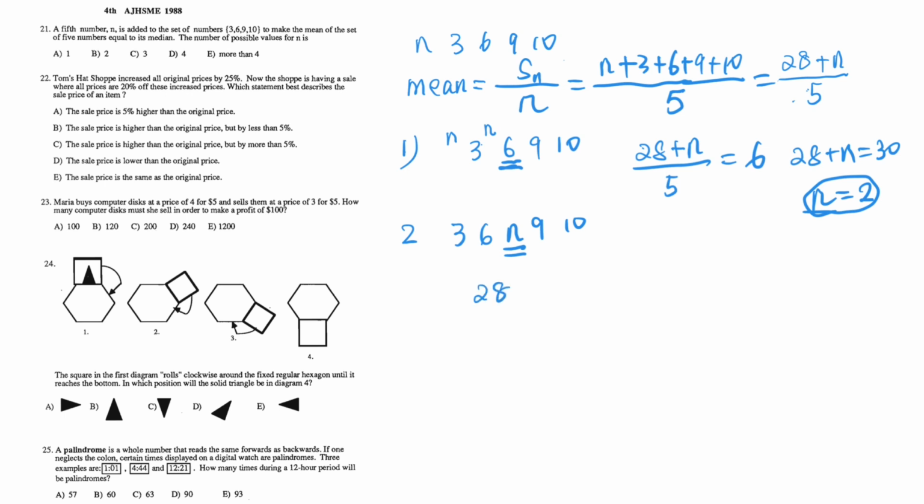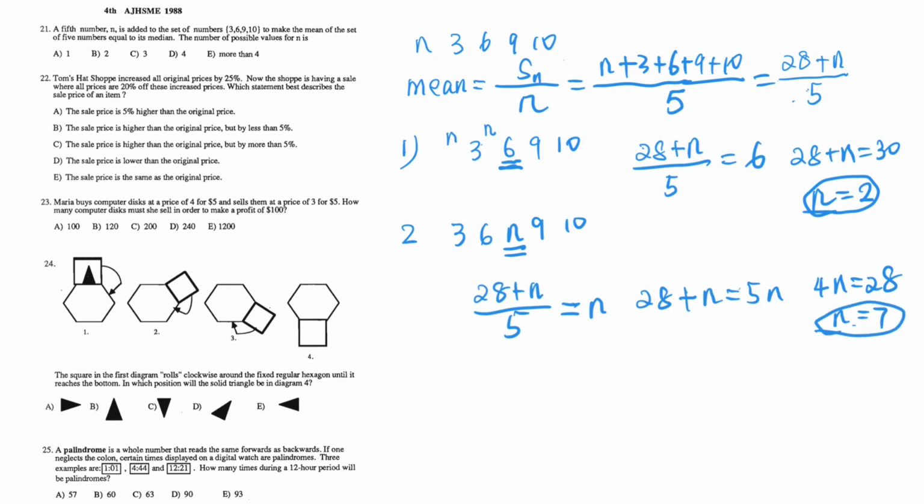So 28 plus n over 5, that's the mean, equals the median, which is n. So 28 plus n equals 5n, so 4n equals 28. n equals 7. That's case 2.